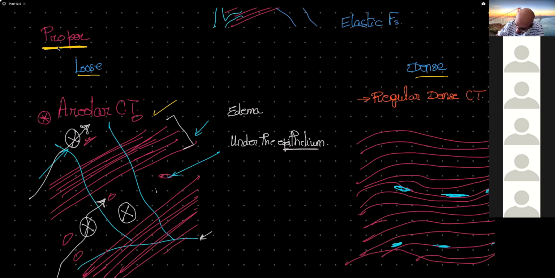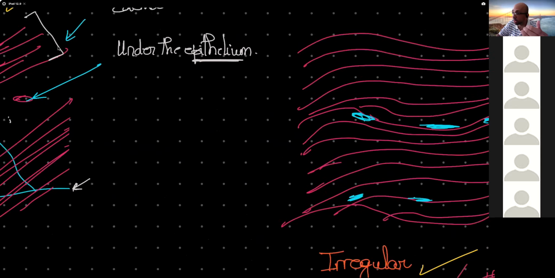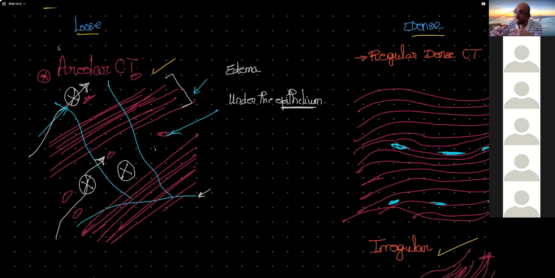And why do I need it under the epithelium? Especially because the epithelium is avascular. It relies on the areolar connective tissue to get its nutrients and oxygen. If I had something like this, with fibers closely packed against one another and no spaces between the fibers, there is no way the fluid can travel up to my epithelium. So I need a type of connective tissue that allows the fluid to travel up to my epithelium.